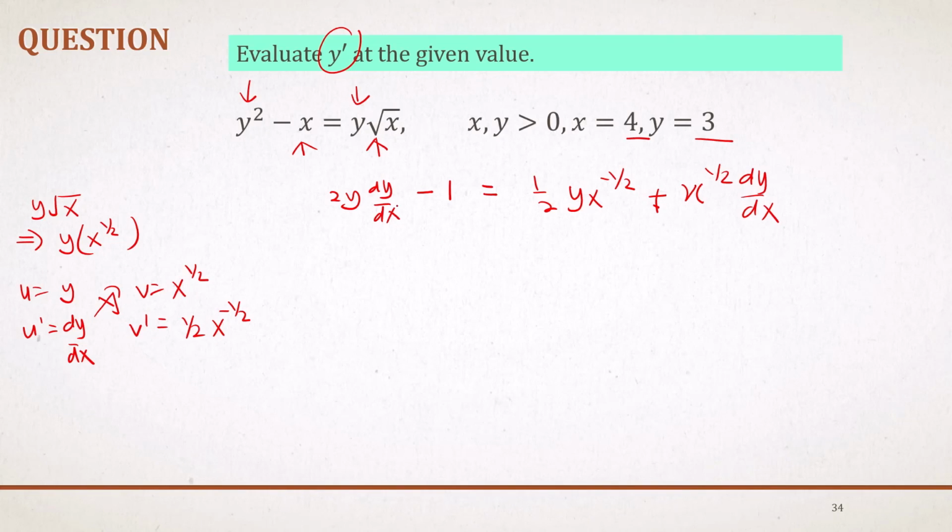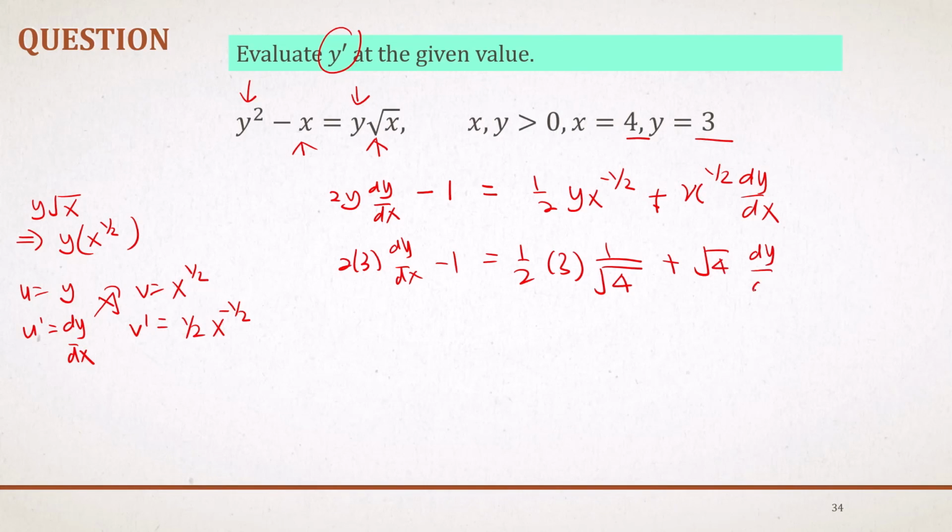I directly substitute here. Whenever I see y is 3, so 2 times 3 dy/dx minus 1, equals 1/2 times 3, and then this one is 1 over root 4, and then plus root 4 dy/dx, and root 4 is 2.